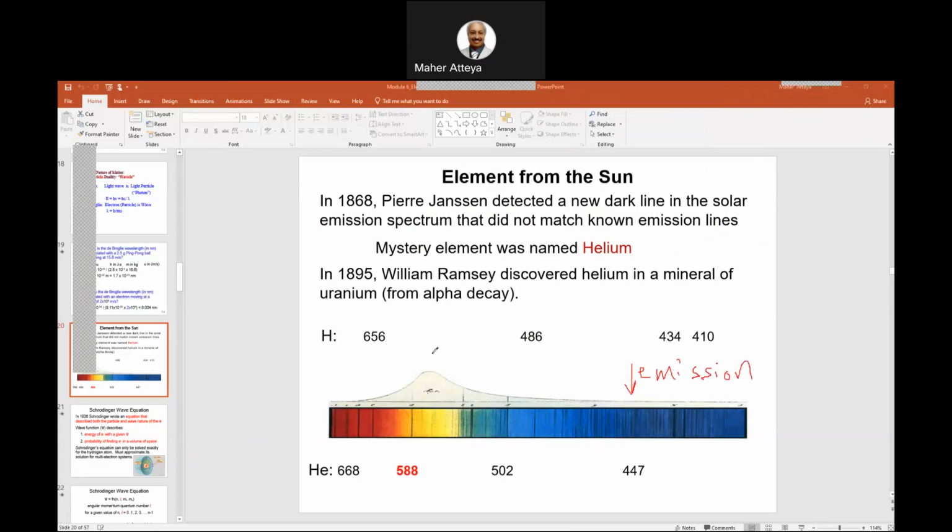So if I have an electron, this is an energy level, say 3, correct? And this is level 5, n equals 5. Now this electron starts here, then it goes up to here.